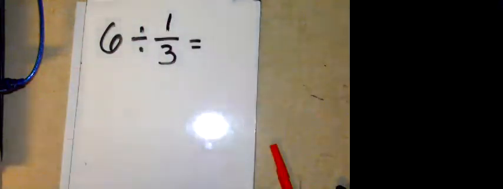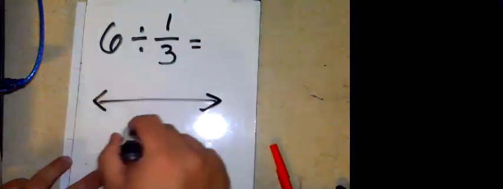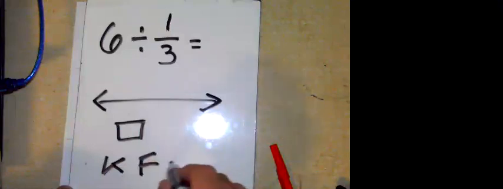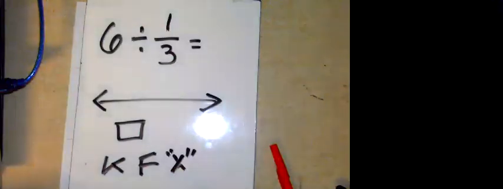You can use a number line, you can use a model, or you can use the keep, flip, multiply. Okay, so 6 divided by 1/3. Go and try that one out, and then send me an email or use Flipgrid, and show me how you got it. Okay.